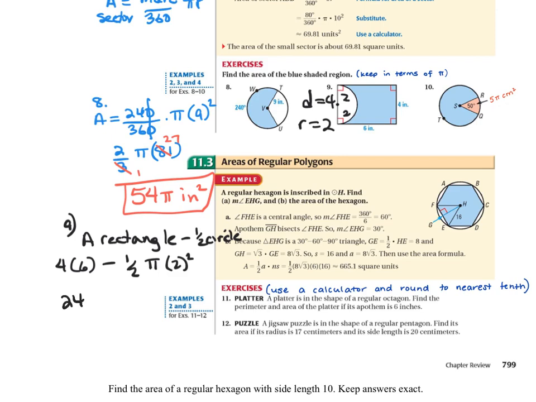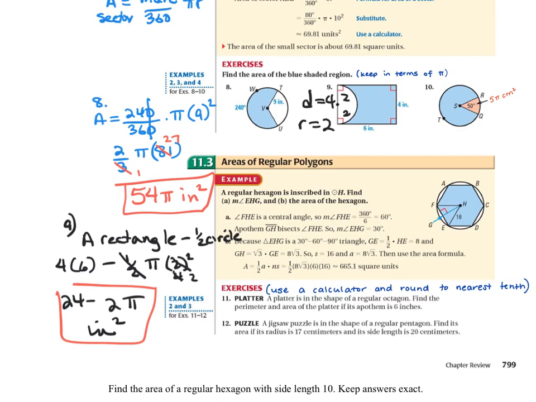So 24 minus, 2 squared is 4, but then half of 4 is 2. So 24 minus 2 pi, and this is inches squared. And that's number 9.